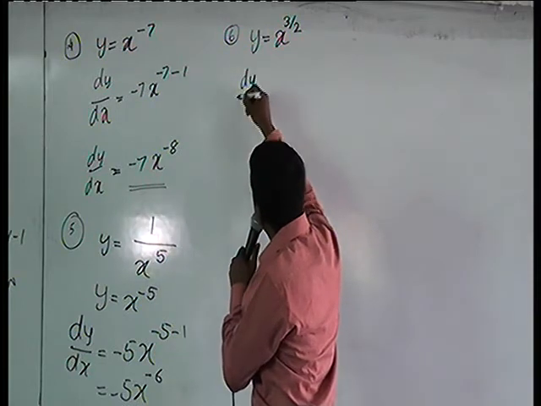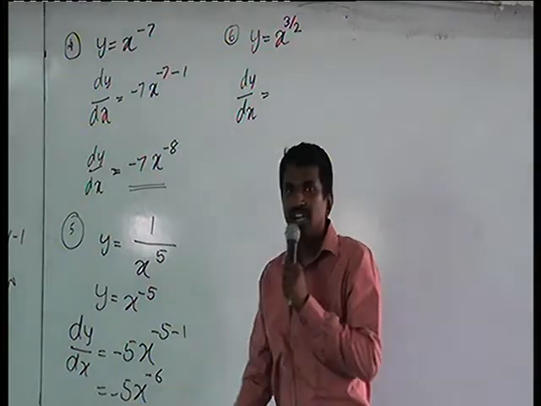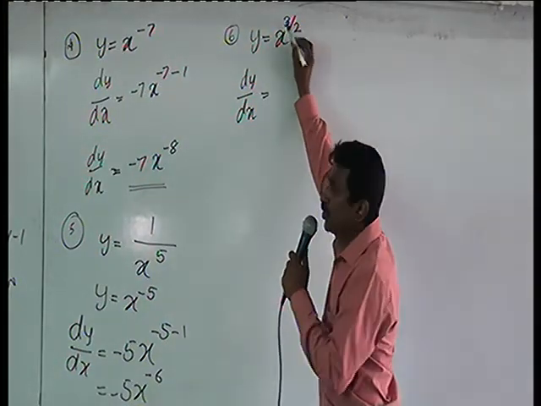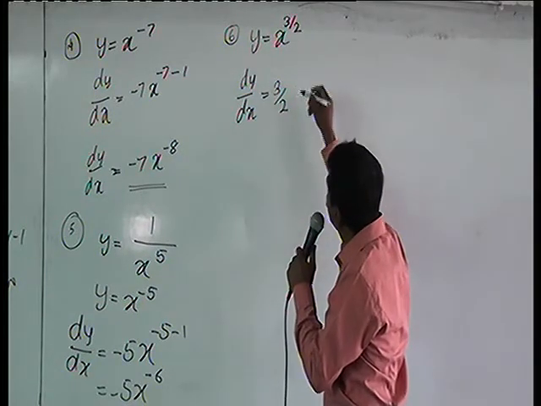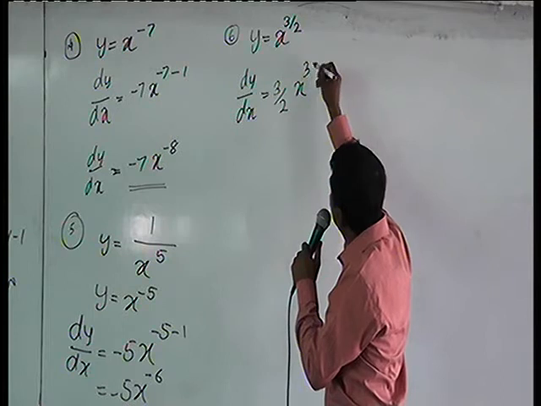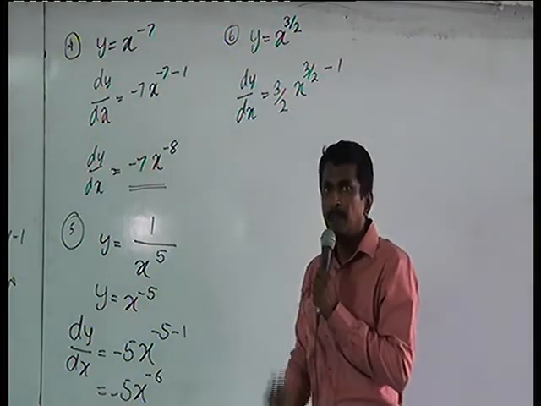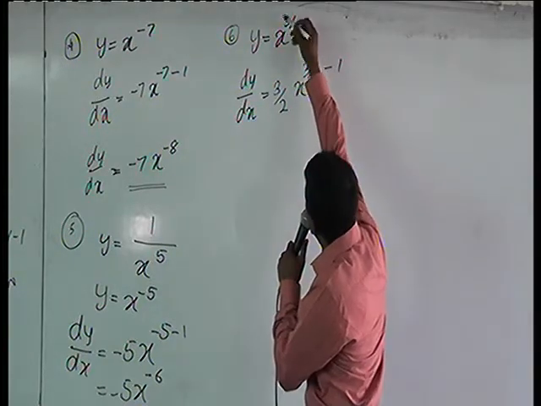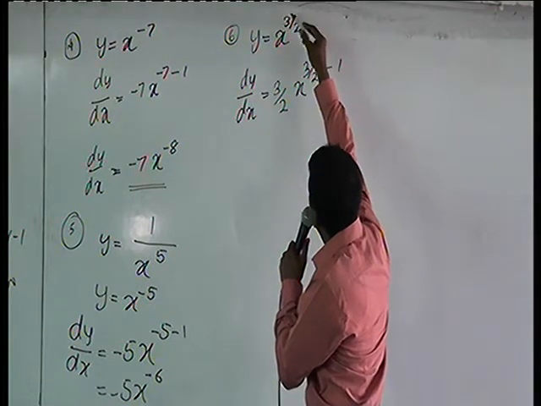Again, differentiation: dy by dx equals, here the power is 3 over 2. It comes here, 3 over 2 x to the power 3 over 2 minus 1. The same procedure. What is the same procedure? n x to the power n minus 1. So you identify the value of n. The value of n is 3 over 2.